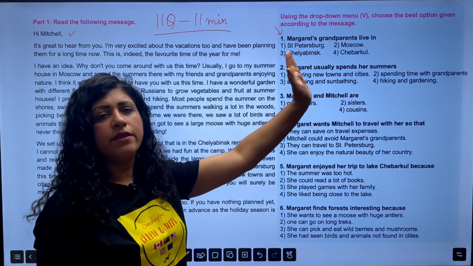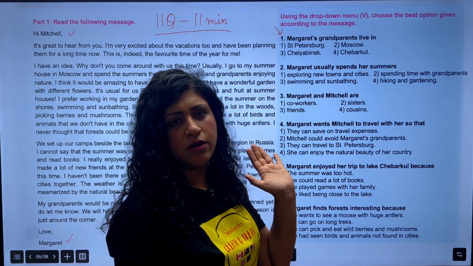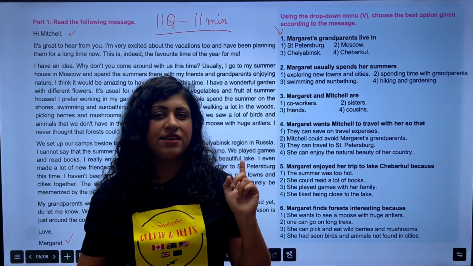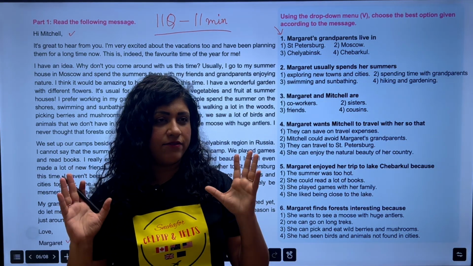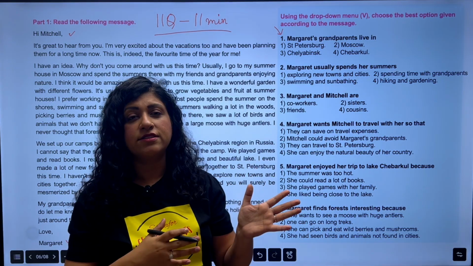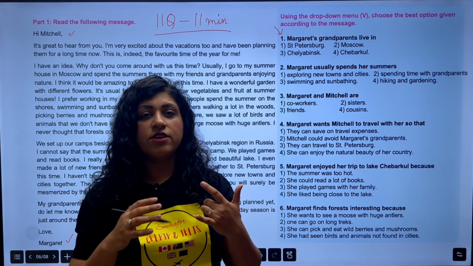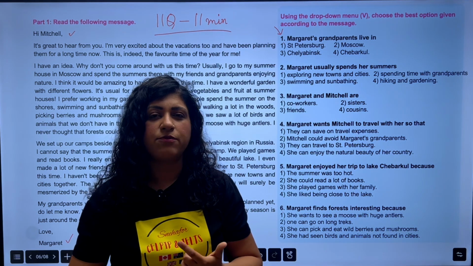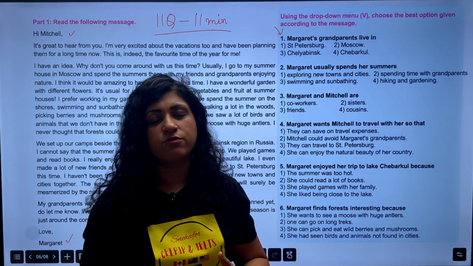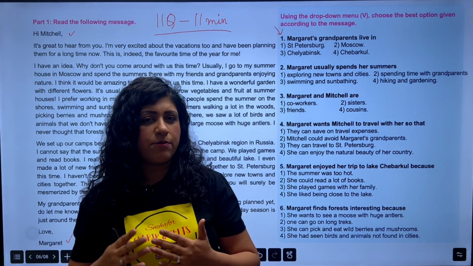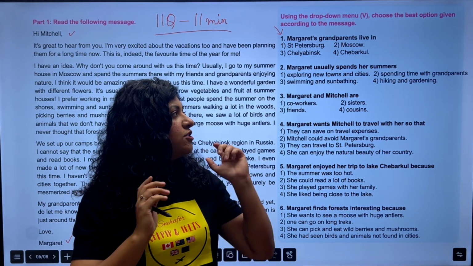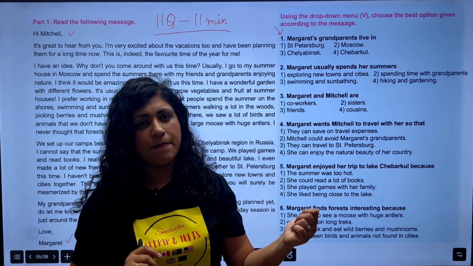And depending on the type of question, you will be using those skills. You remember we talked about scanning and skimming. We saw these types of questions: there were general meaning type questions, specific detail type questions, and then inference based questions. So depending on the type of question, you'll be using certain strategies to solve them.